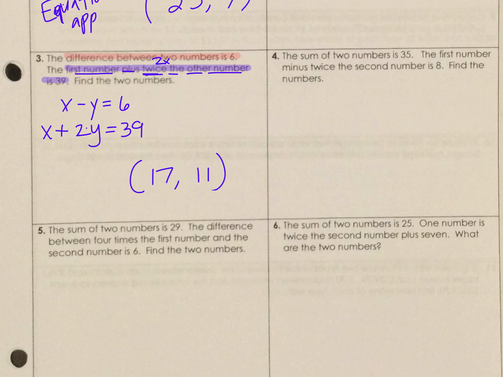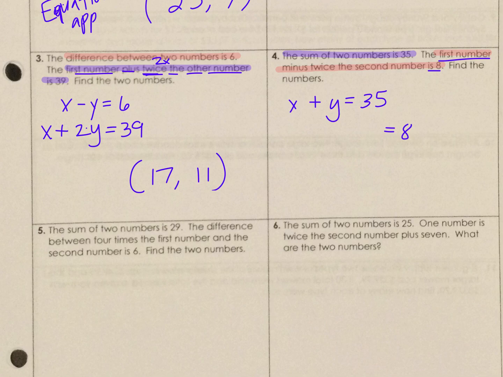All right. The sum of the 2 numbers is 35. X plus y equals 35. The first number minus twice the second number is 8. Well, we know the answer is going to be an 8 because it says is 8.